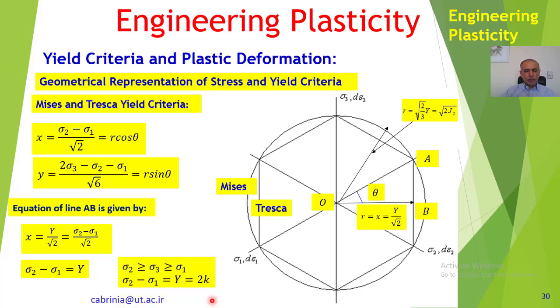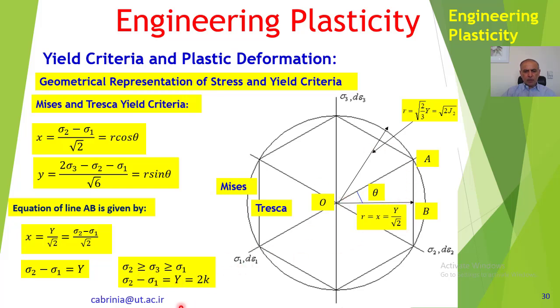And if we look at this picture, we will see that we have 6 zones here. Every 60 degrees is one zone. We could say every 30 degrees because there is symmetry along this line.